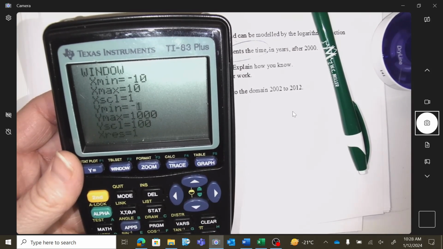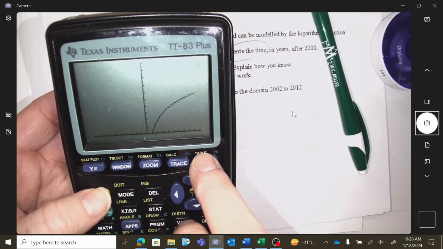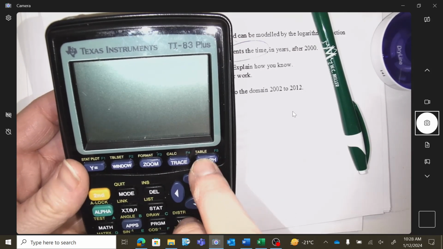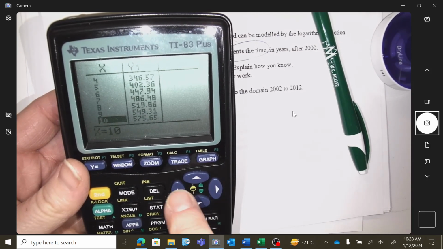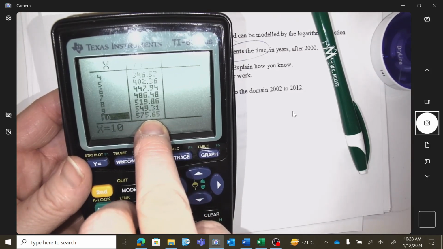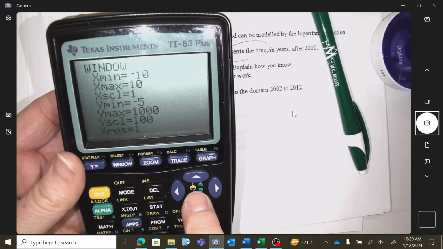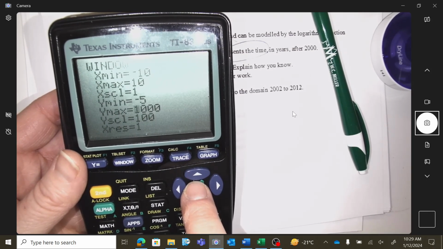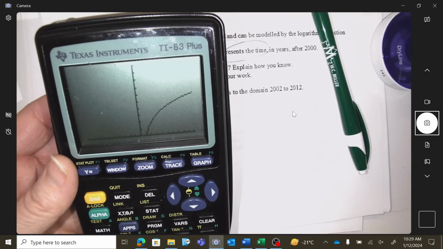No, like the. Were you looking for the table? In the table, it just kind of tells me what my numbers are, and so then that kind of helps me say what should I put my window at. But where do you put like the 250 for like the birds? So here, looking at my table, when x was 10, there was 10 years, there was almost 600 birds. So then I'm thinking my window, I want y to be kind of big. Yeah, well, I understand why, but where are you putting? Don't you have to put like y equals or y1 or y2? I don't know yet. I haven't even read the question. I'm just trying to graph it. Oh.